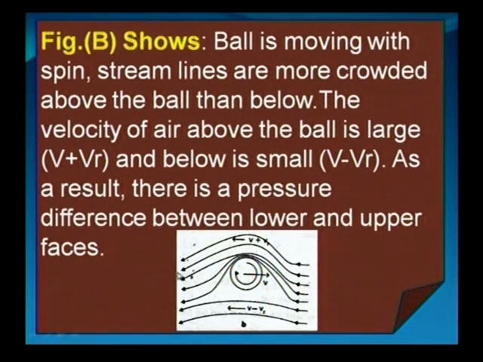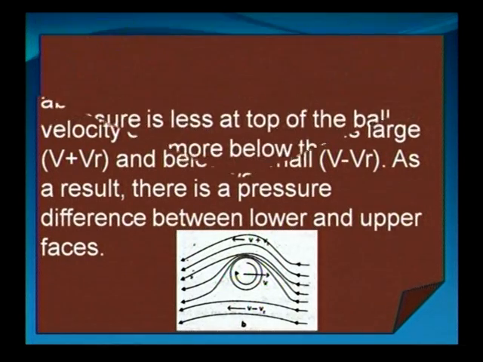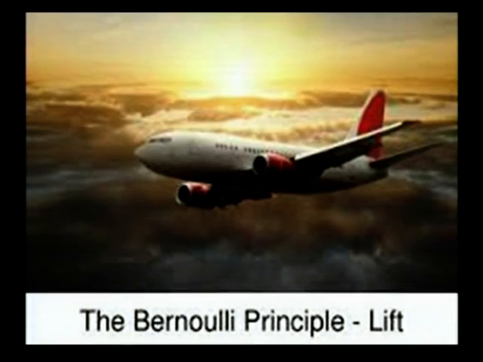Observe that streamlines are crowded more above the ball than below, and the velocity of the air above the ball is large, v plus vr, and the velocity of the air below the ball is small, v minus vr, and these pressure differences cause dynamic lift. As a result, there is a net upward force on the ball.